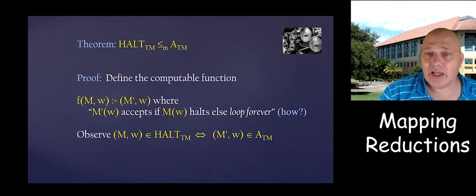If the machine halts, it is going to accept. So we're going to ignore what M does. The moment it halts and wants to output either accept or reject, we'll move to an accept state. And otherwise, it's not going to halt, and therefore our simulation is not going to halt either, meaning that M prime is not even going to accept.